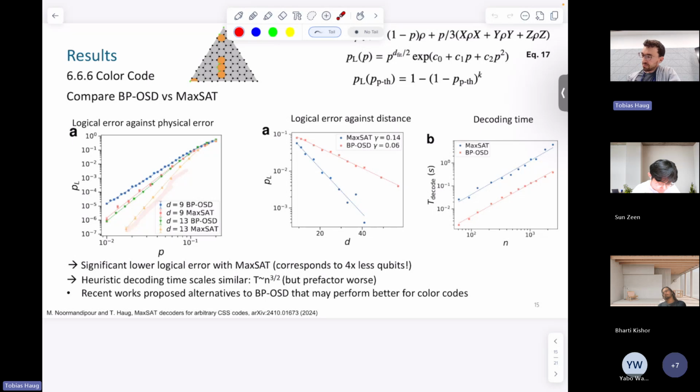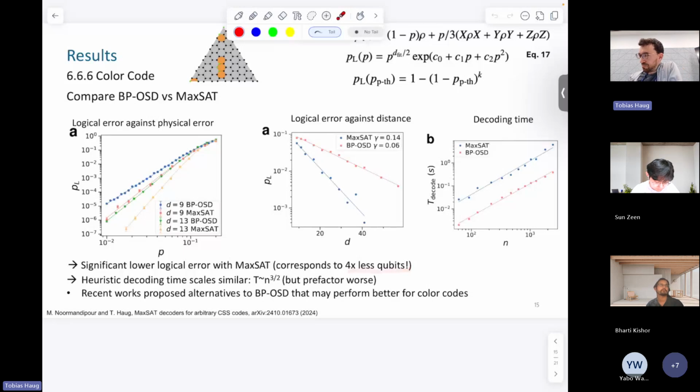So that implies that MaxSAT has much lower errors than BP-OSD, and you can actually show that this corresponds to a decrease of four times the number of qubits. In other words, if we take a MaxSAT decoder on the color code, then the error rate that we get corresponds to BP-OSD decoding, but with four times the number of qubits, like a much larger distance.